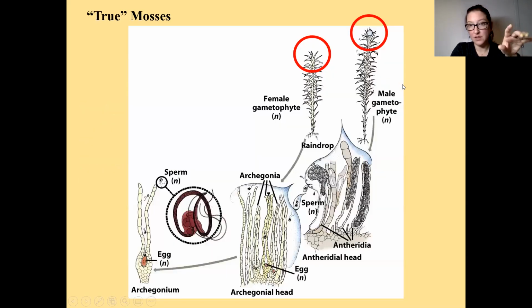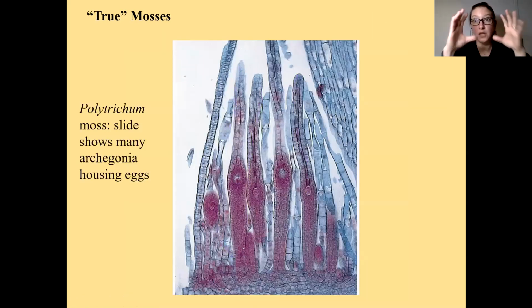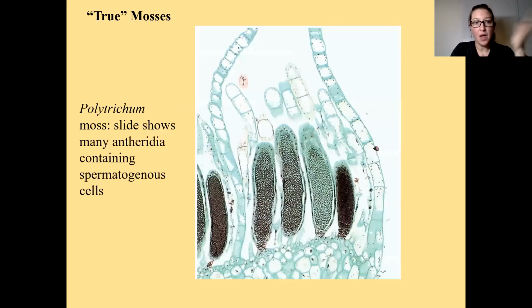And likewise, this here, the circle shows you the top of a female gametophyte plant. On this slide, we see a close-up of the top of a female gametophyte plant. On this slide, we see a close-up of the top of the male gametophyte plant, showing you all those antheridia, which make the sperm.